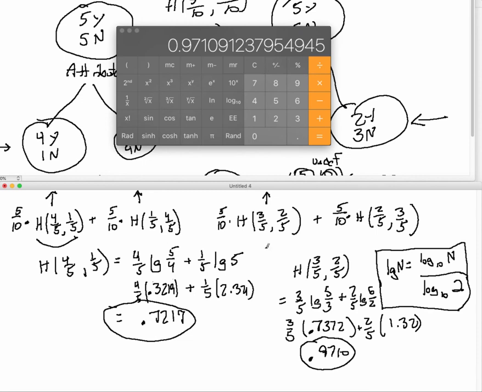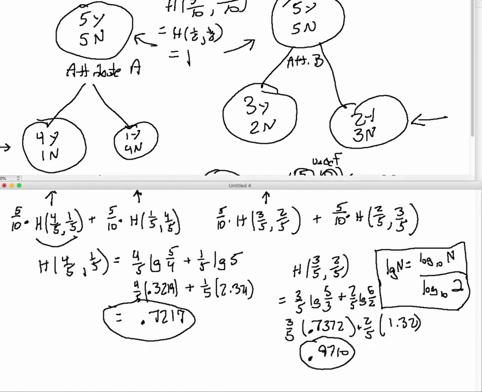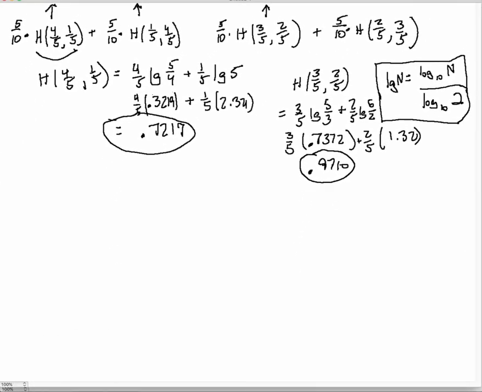So what we need to do now, we can get our calculator out of the way for a second. I'm going to bring this up here. Based on these nodes over here, that is going to be one half, that 5/10, times 0.7217, plus, and now we have to throw this in there, that's 1/2 of 0.7217.